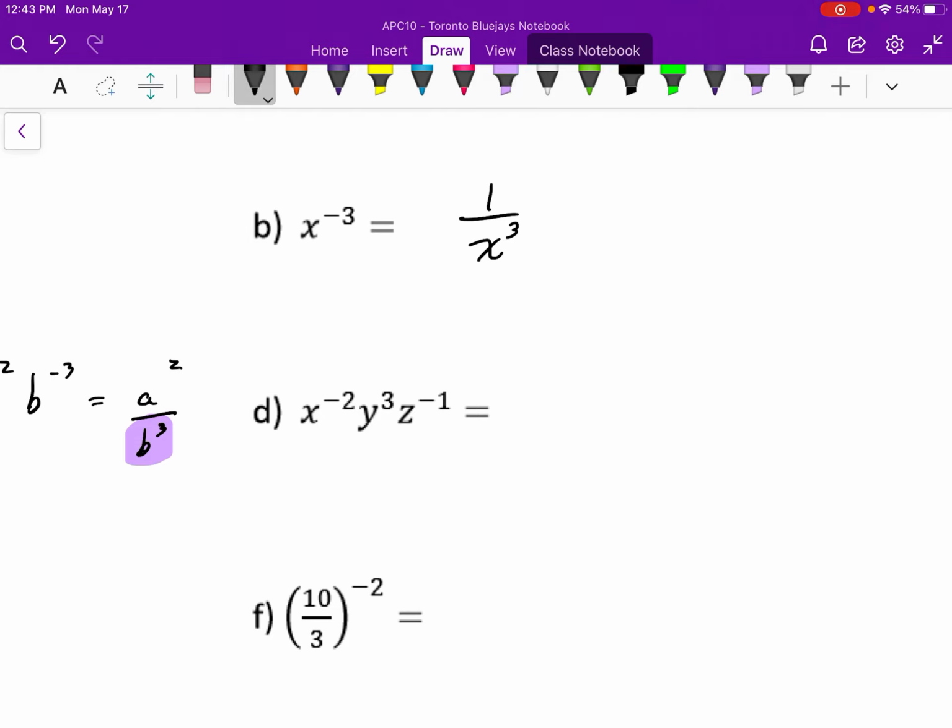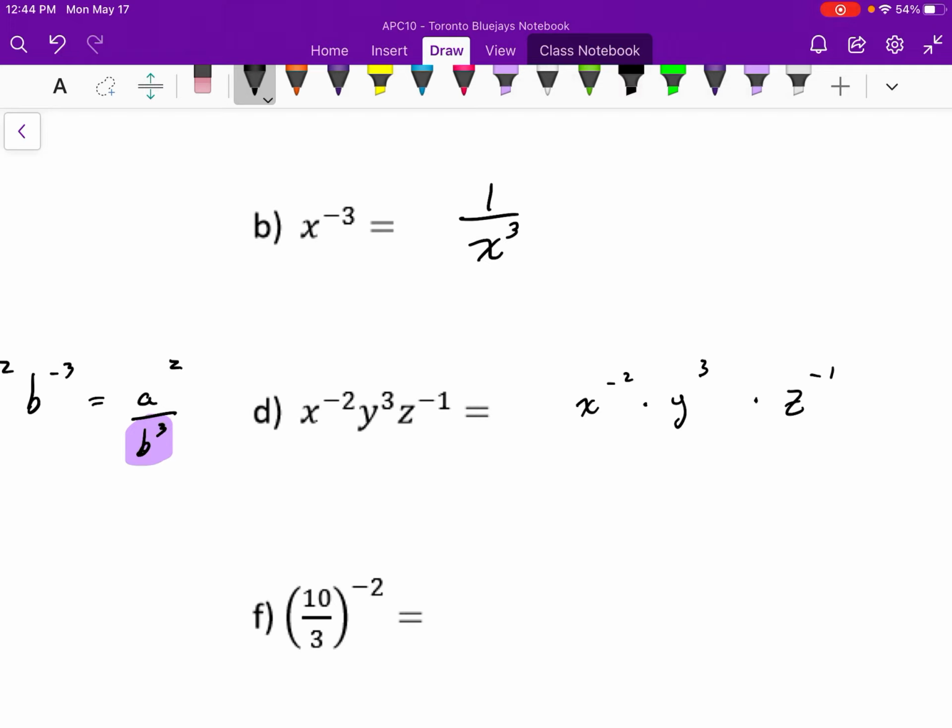So now, how would we do this? I will go about this a very long way. I'm going to say this means x to the power of negative 2 times y to the power of 3 times z to the power of negative 1.